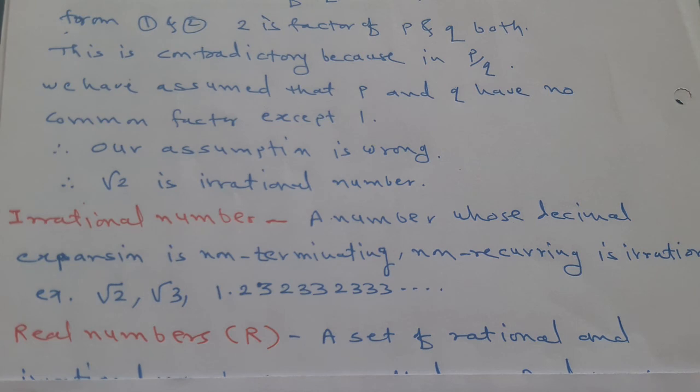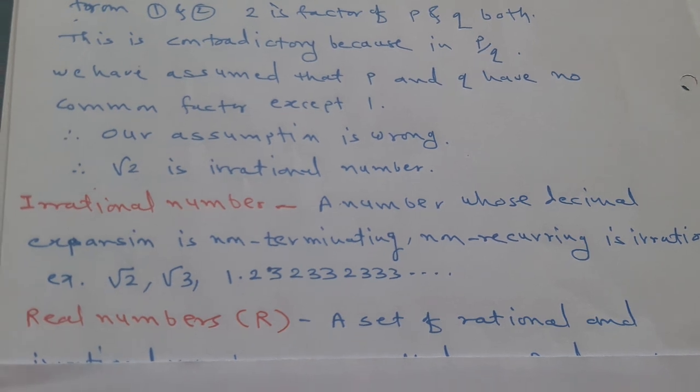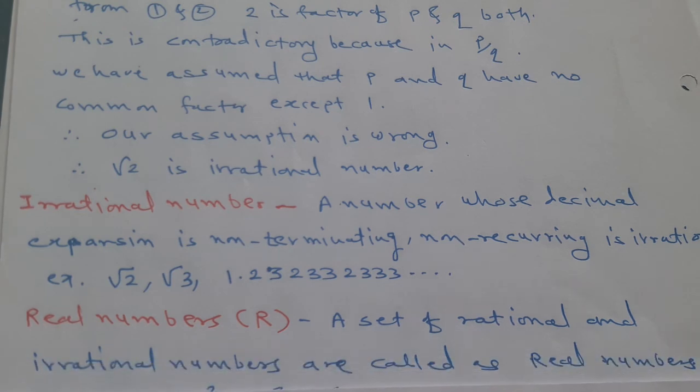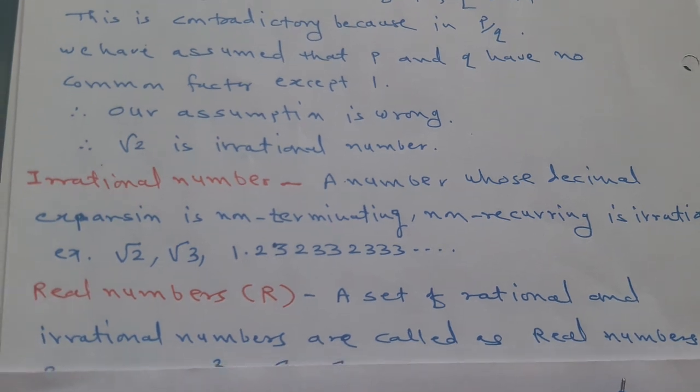Similarly, we can talk about real numbers. The real number set is denoted by capital R. The set of all rational and irrational numbers is called the real number set.